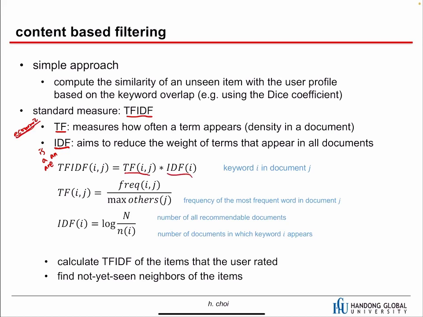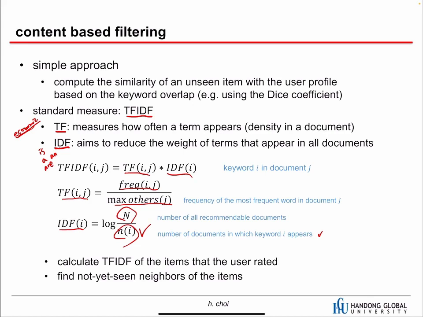When we calculate TF, we get the frequency and we normalize this frequency with the max. And when we calculate the IDF, this one is the number of all the recommendable documents, and this one is the number of documents in which keyword i appears. So we actually check how many documents have this keyword in it.